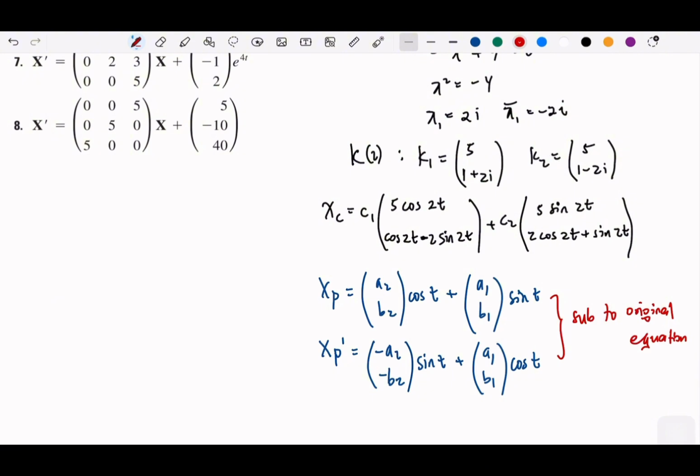I think this is not a problem because the xc angle is 2t, but now we have t, so it should be okay.